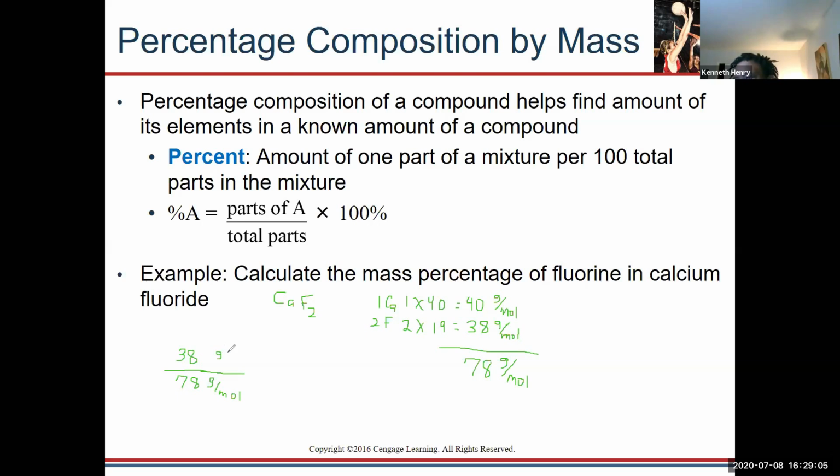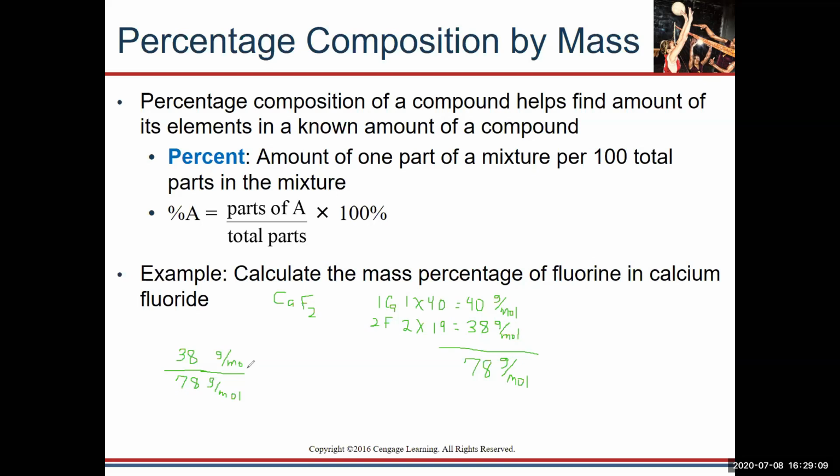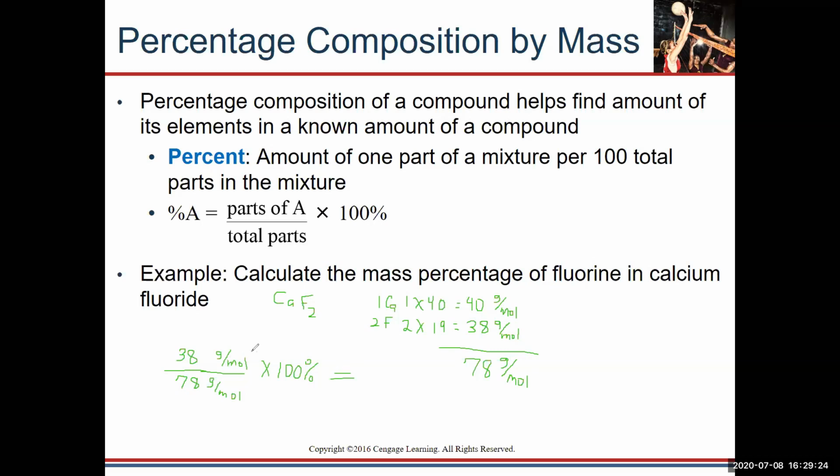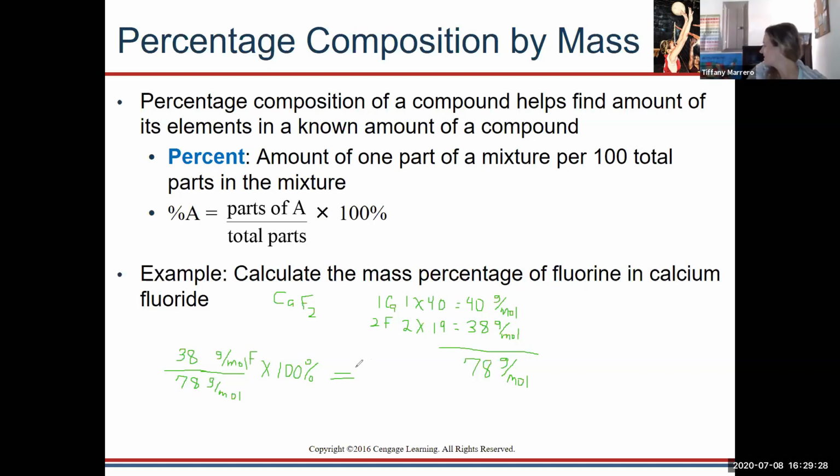We multiply by 100 because it's percent mass, so we're assuming that we have 100 of whatever we got. So that equals what? 48.7%. Yes, 48.7% fluorine.